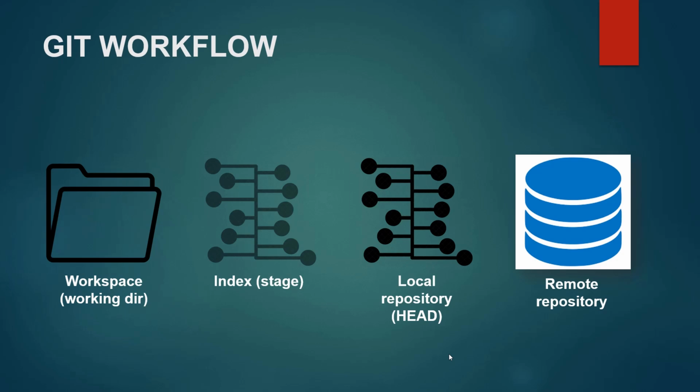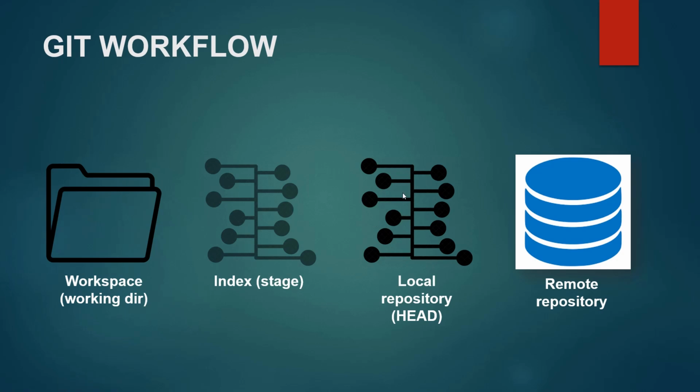If you consider a file in your workspace, it can be in three possible states. It can be committed, which means that the latest changes to the file are safely stored here, okay. It could be modified, which is the case of a file being changed and none of these changes being saved to the local repository.